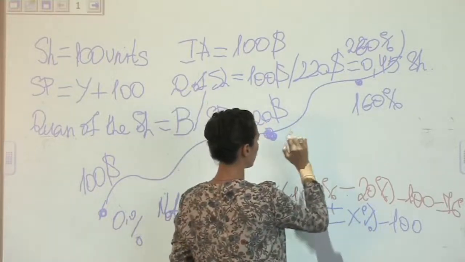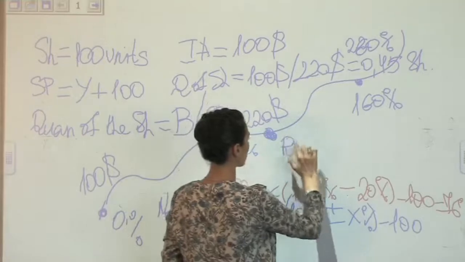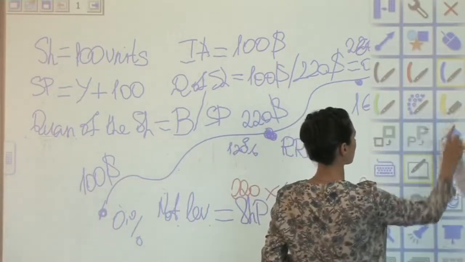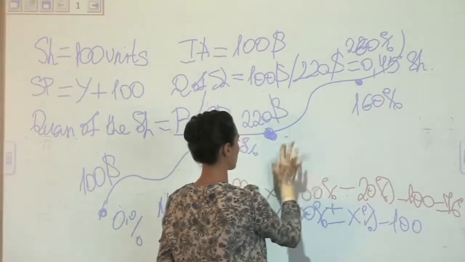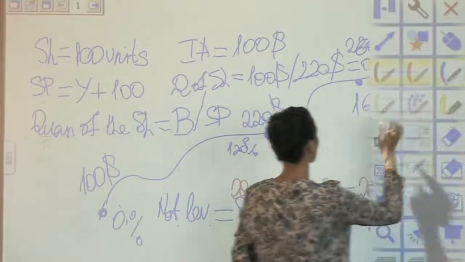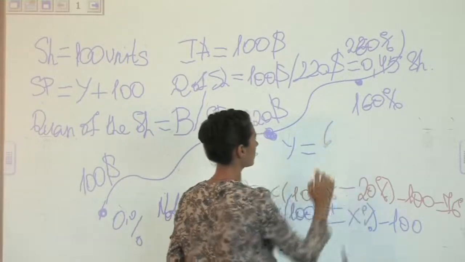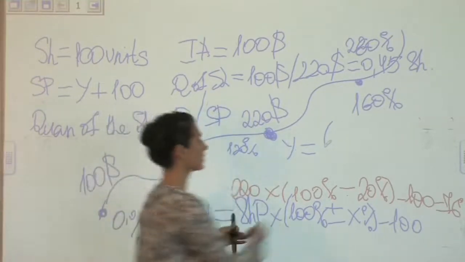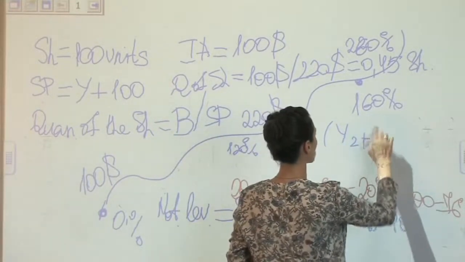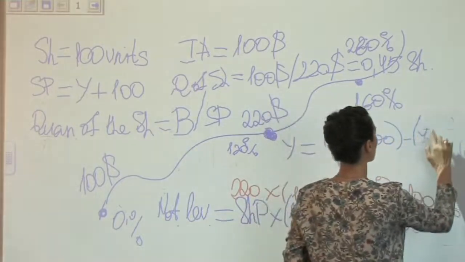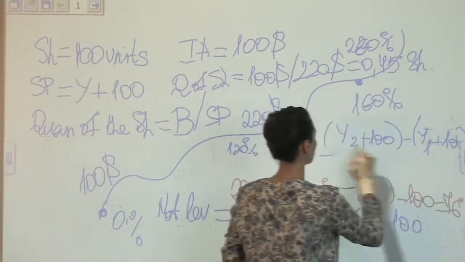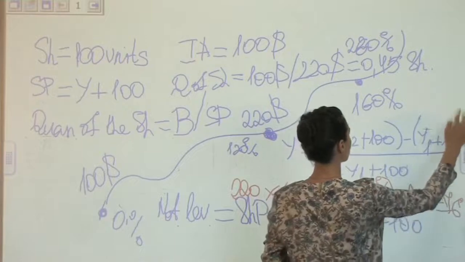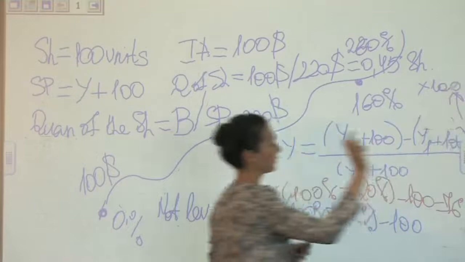So the formula of the rate of return, the yield for the period, is equal to the yield at the end of the period plus 100, minus the yield at the beginning of the period plus 100, divided by the yield at the beginning plus 100, and multiplied by 100. Okay, that's this formula.